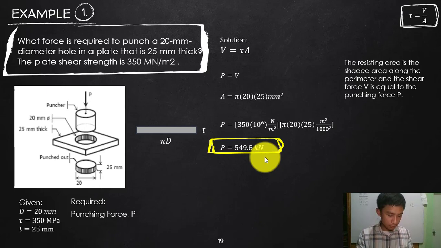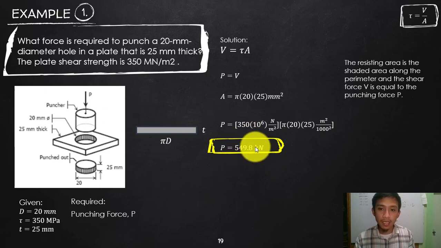So let's try to check again. 350 times 10 raised to 6 times 20 times 25 pi over 1000 squared. So we have here 549,778.71 newton. That is your answer supposedly, but I directly divide it by 1000 so that I will make it kilonewton.